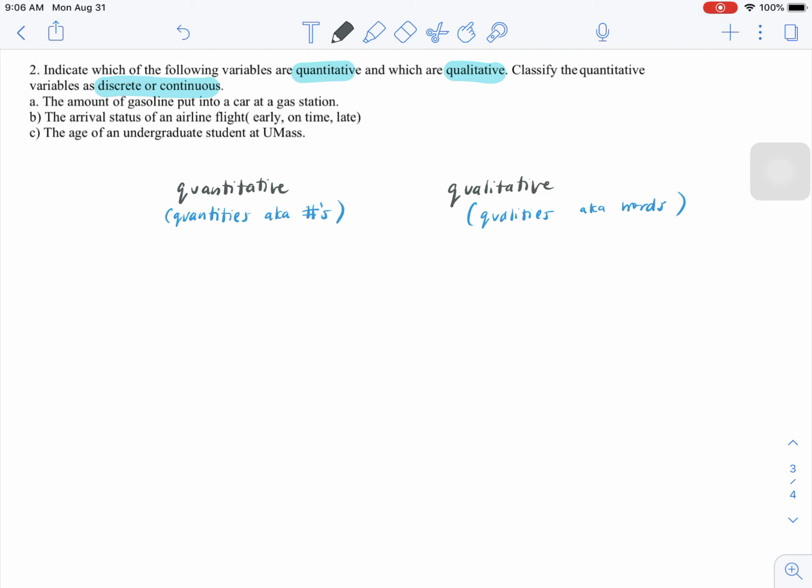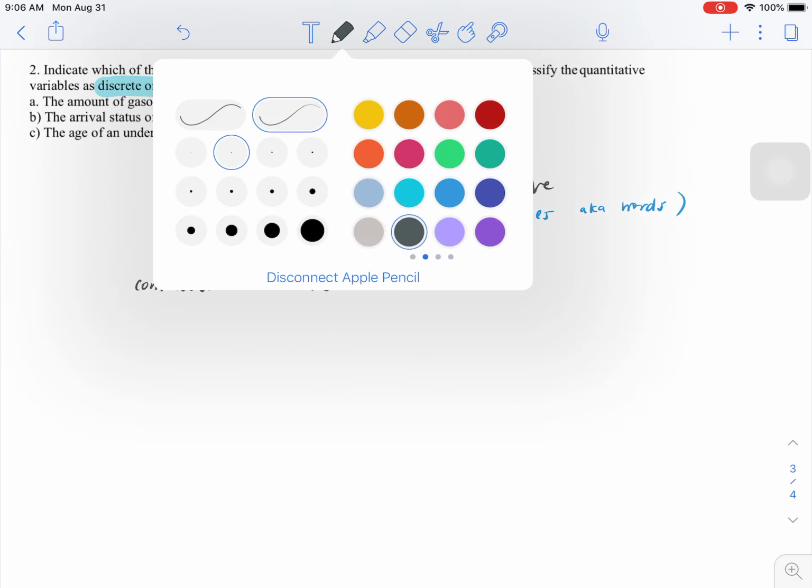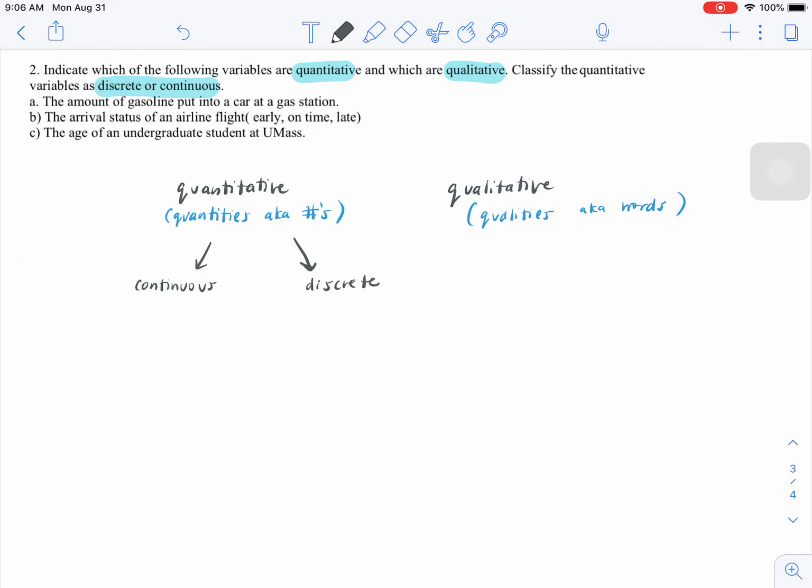Now we can also classify quantitative variables as either continuous or discrete. I like to think of continuous variables as numbers that can take any number of possible values.